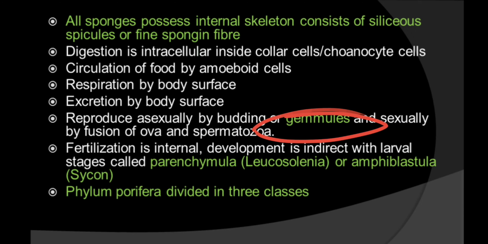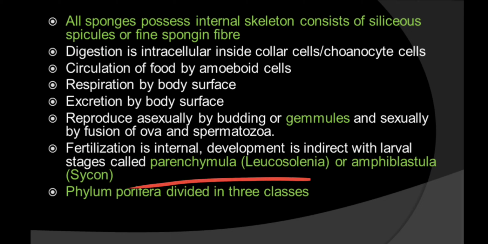Now fertilization is internal and development is indirect, means there is a larval stage. Okay, so the larval stage in Leucosolenia is the parenchymula, whereas in Sycon it is the amphiblastula. So this is important.